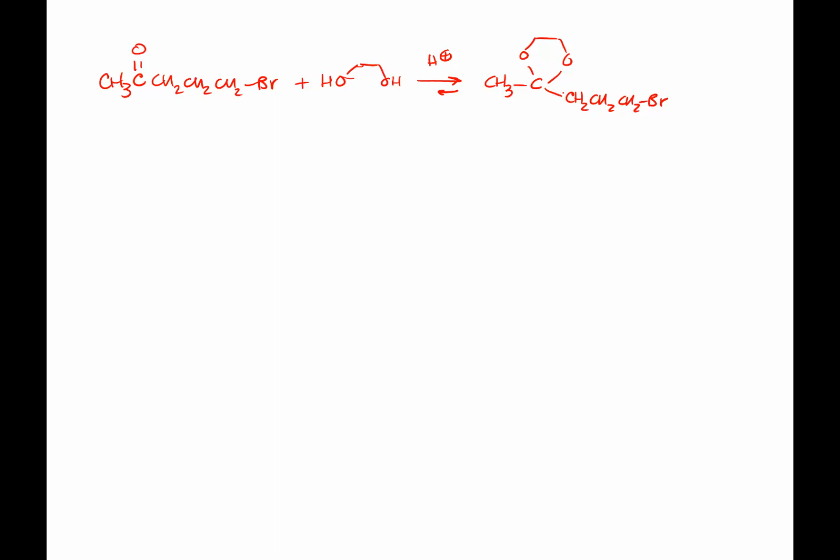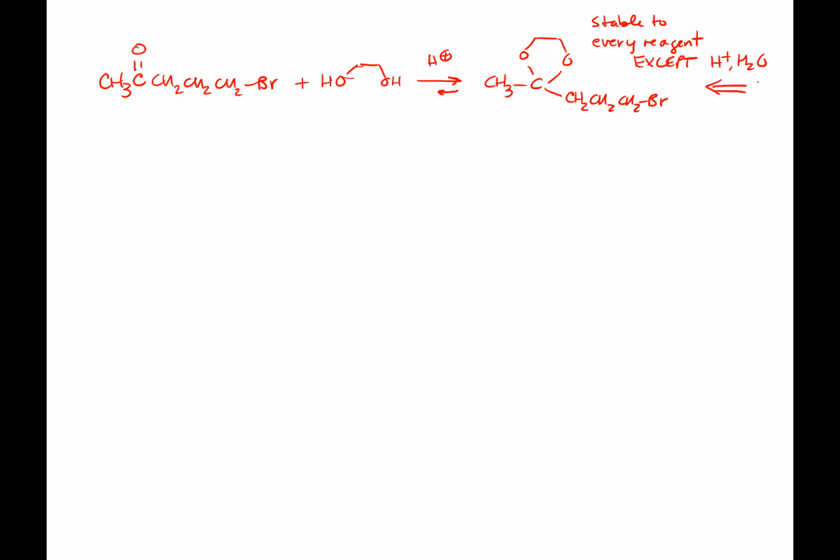It's very stable. It will be stable to every reagent. And here's the big exception: except H plus and H2O. And what happens when H plus and H2O are added?